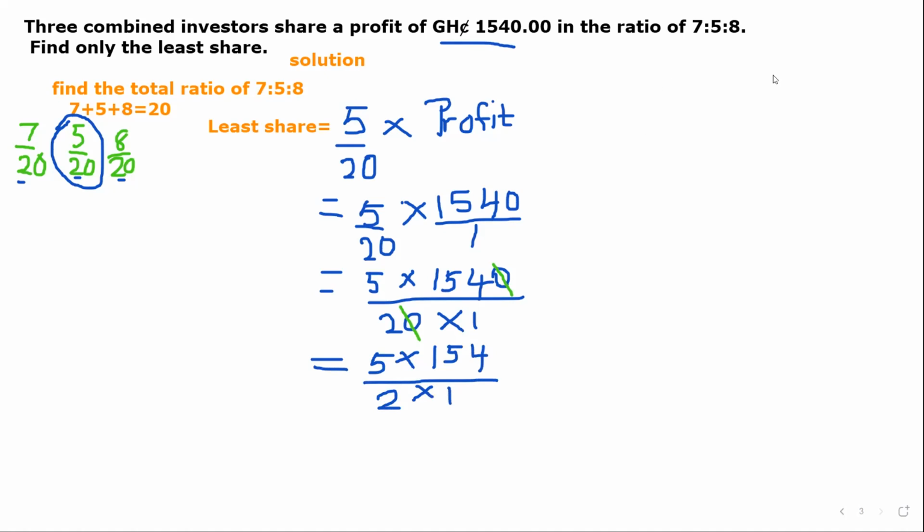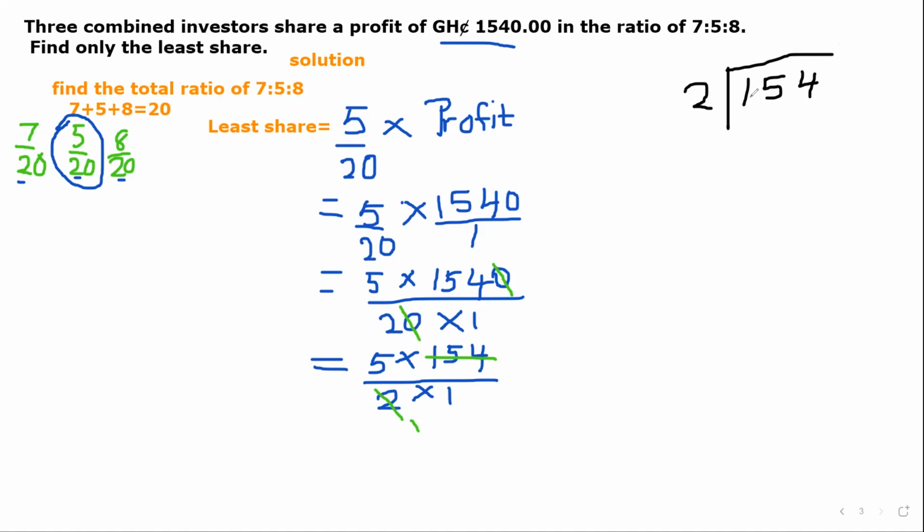Okay, you can still do the cancellation. 2 goes here, 1, 2 goes here. Then you do your long division to prove. Now you have your machine, and the number that you want to divide by the 2 is 154, and the 2 will be outside here.